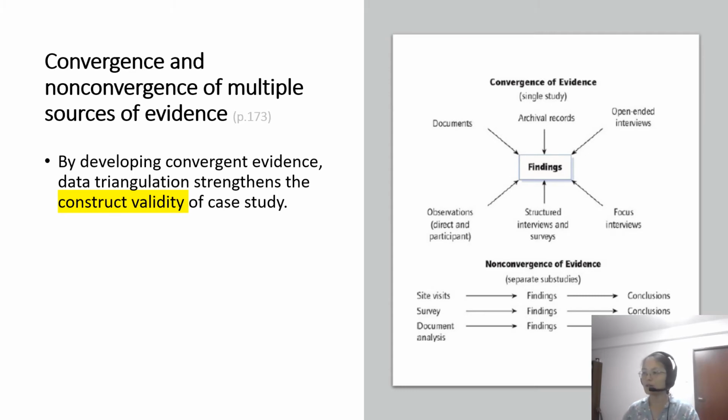And in the lower half of this graph, you see the non-convergence of evidence: still a similar set of different sources of evidence, yet they are supporting different kinds of findings and conclusions, not quite reaching the convergent results that we intended to produce with case studies and multiple sources of evidence.